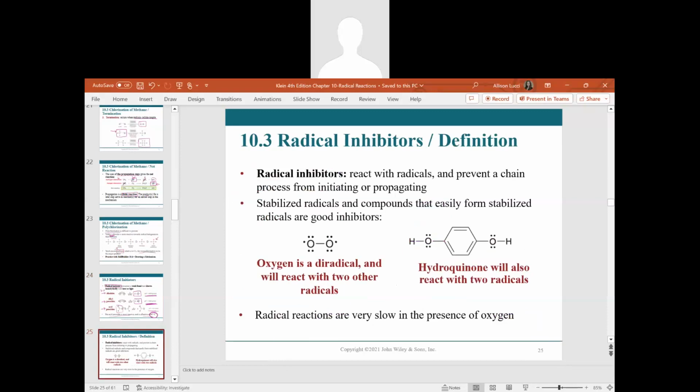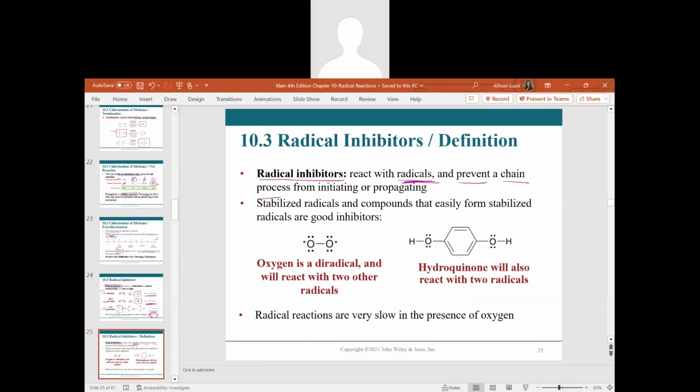So these radical initiators start reactions, but we also have things that are called radical inhibitors. So these would react with radicals that are created to stop that propagation from occurring. So to prevent the chain reaction.